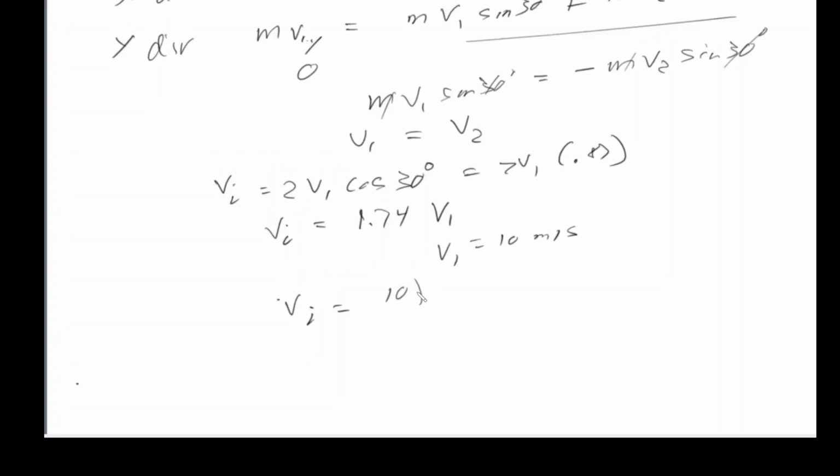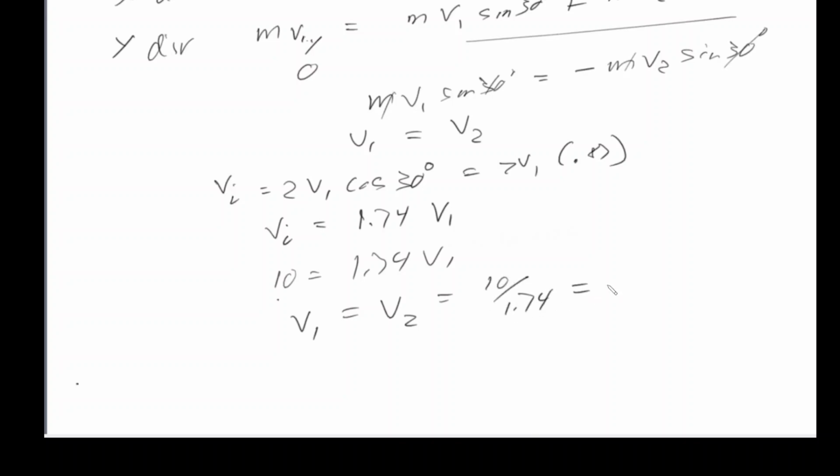Since we know that the initial velocity of the first mass is equal to 10, we get 10 is equal to 1.74 times v1, or v1, which is equal to v2, is equal to 10 over 1.74, or 5.8 meters per second. So we just found v1 and v2.